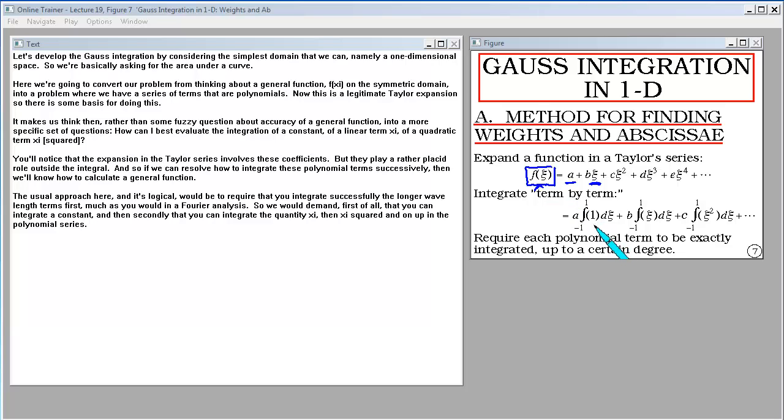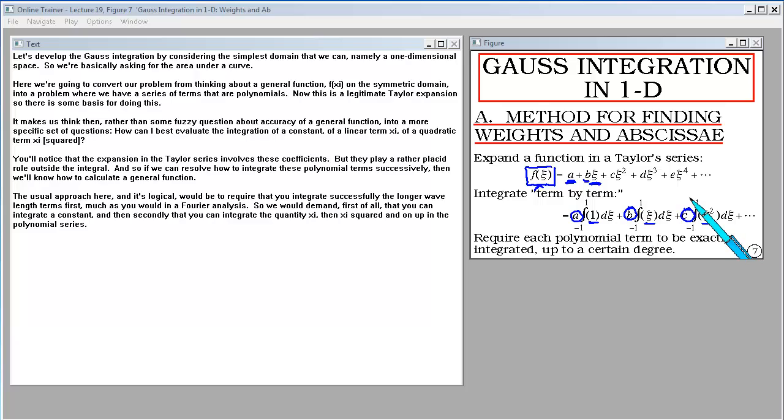questions. How can I best evaluate the integration of a constant, of a linear term xi, of a quadratic term xi squared? And you'll notice that the expansion in the Taylor series involves these coefficients, but they play a rather placid role outside the integral. And so if we can resolve how to integrate these polynomial terms successively, then we'll know how to calculate a general function.